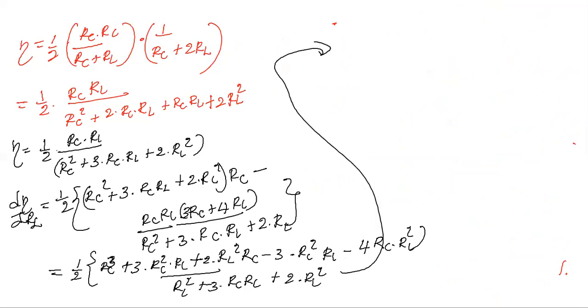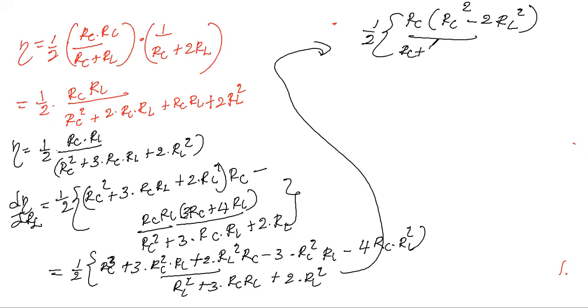And then I'll write down half into RC times RC squared minus 2 times RL squared divided by RC plus RL into RC plus 2 times RL.